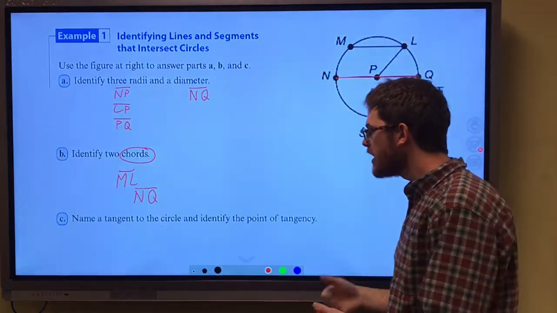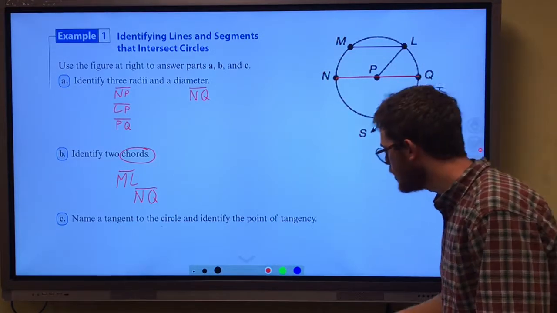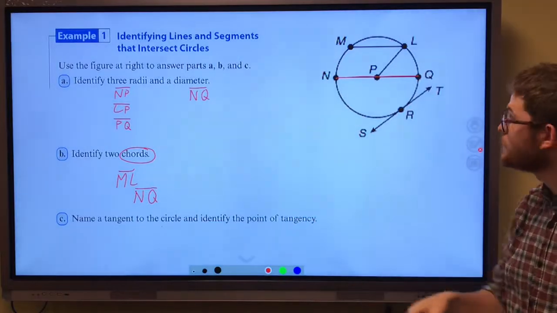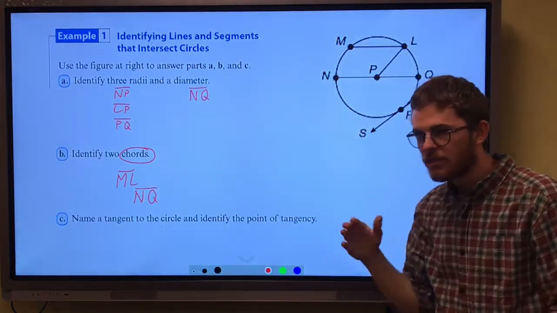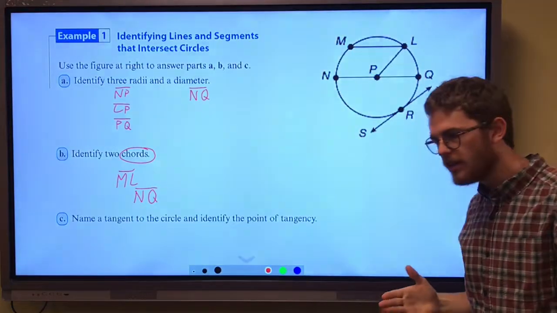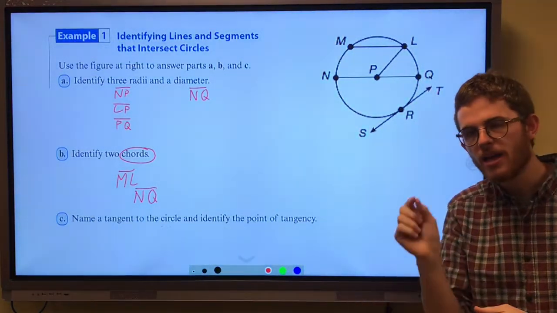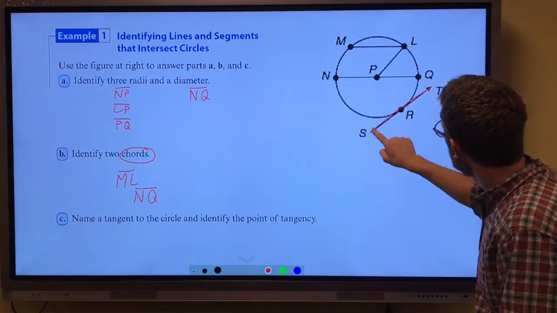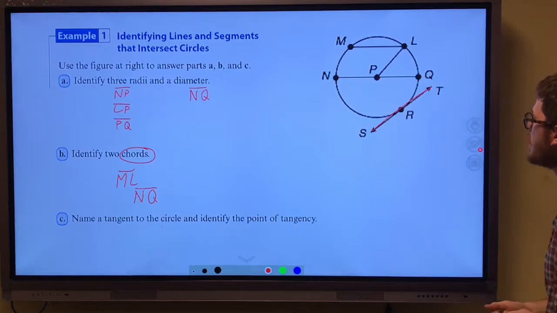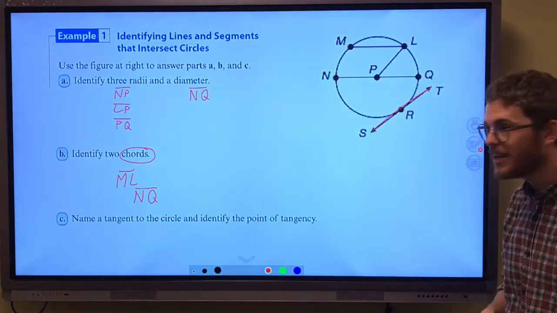Now it says name a tangent to the circle and identify the point of tangency. Well, a tangent is a line, it's kind of like a glancing blow. It's a line that doesn't go through the circle, but instead passes by and only touches the circle at one point. That right there would be our tangent.